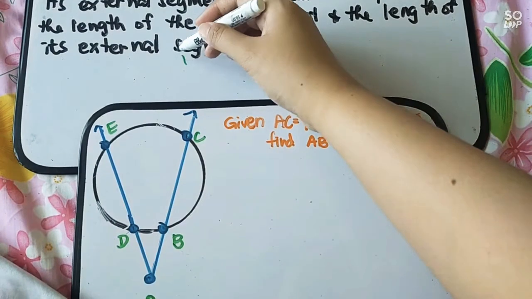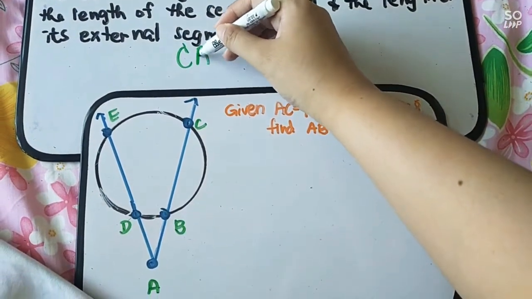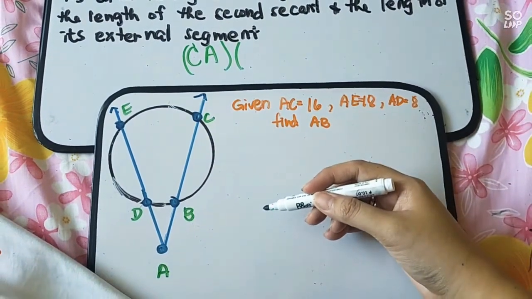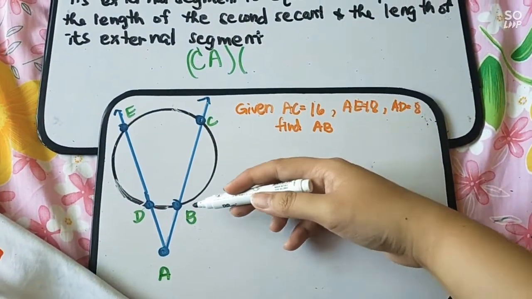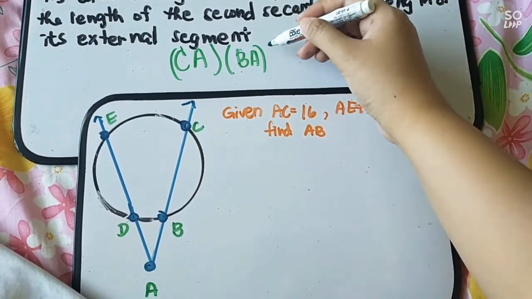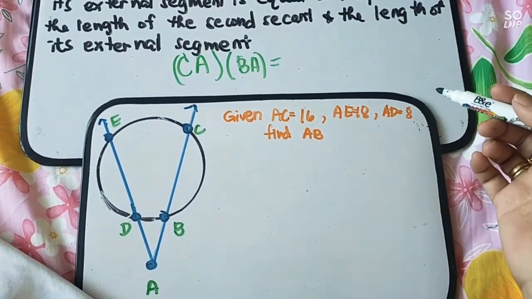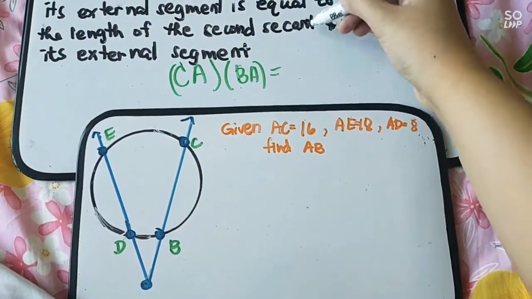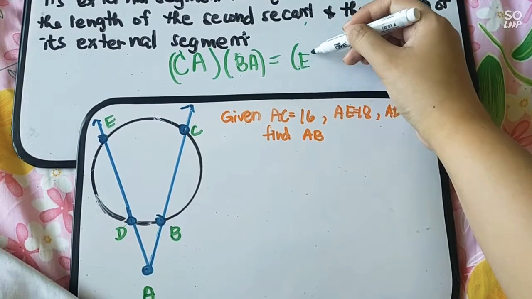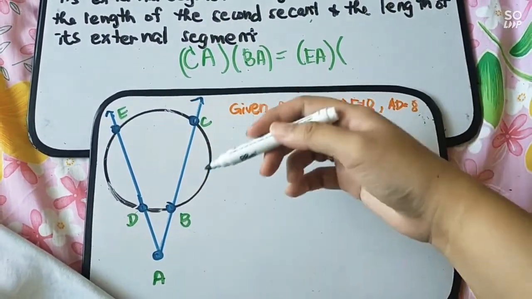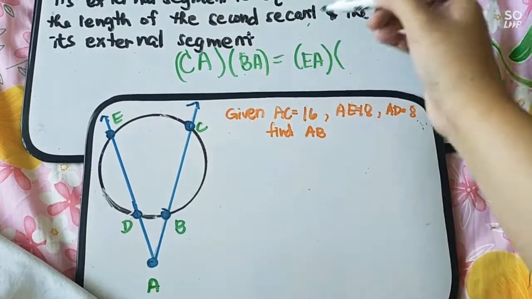Our secant is CA. We multiply it by its external secant segment, which is BA. Then it is equal to the other secant. Our secant is EA. We multiply it by its external secant segment outside, DA.